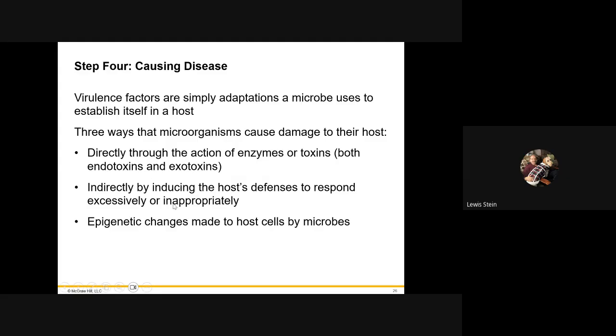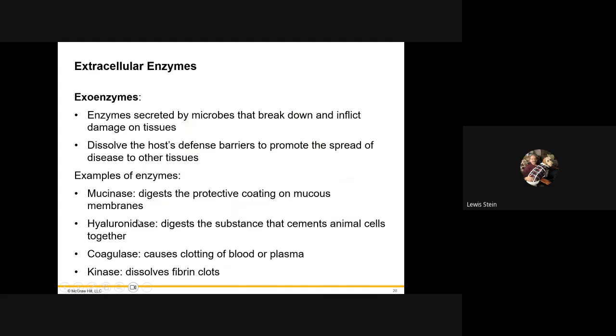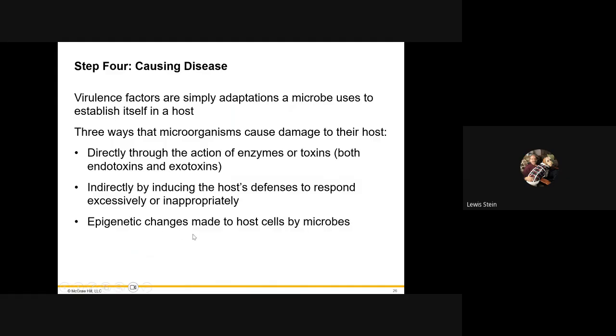Indirectly is your immune system, basically inducing your host to typically overreact. And then even making changes to your host cells. That's a bit more advanced, but that would be like HIV. Epigenetic means outside of the normal genetic mechanisms, literally implanting genetic material by intent. And that's what happens when we look more closely at HIV/AIDS.